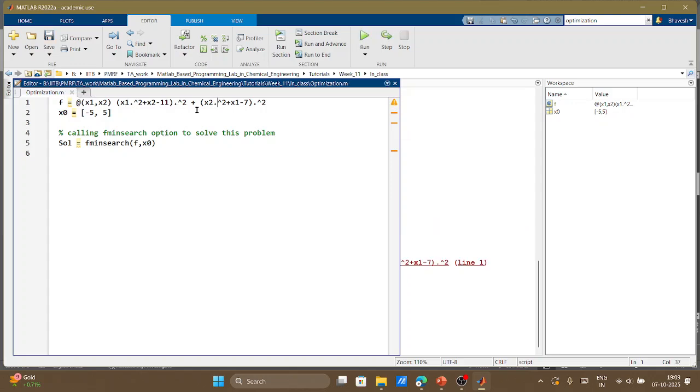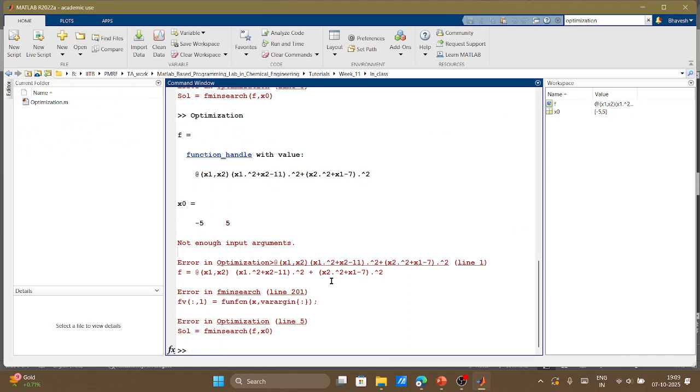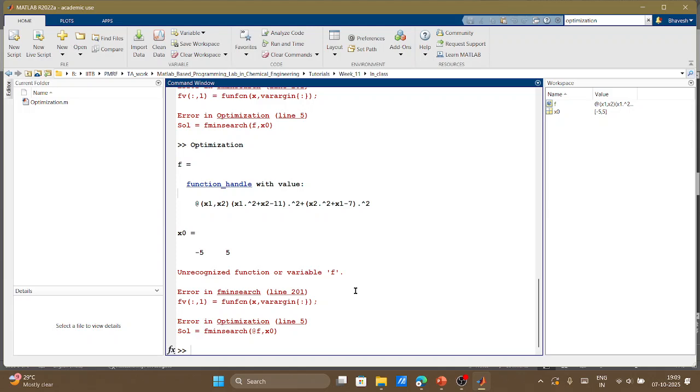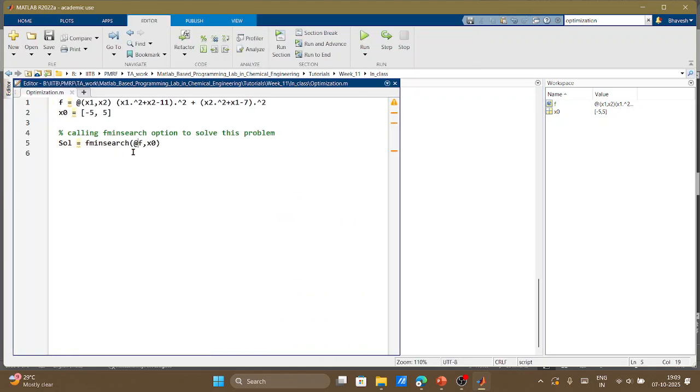And then, just a minute, why is this error coming?